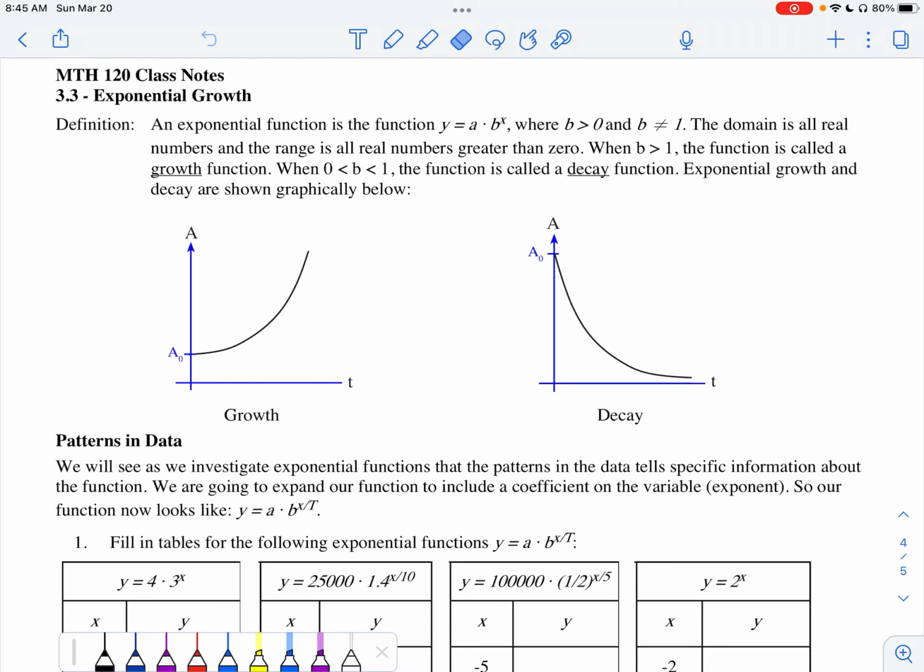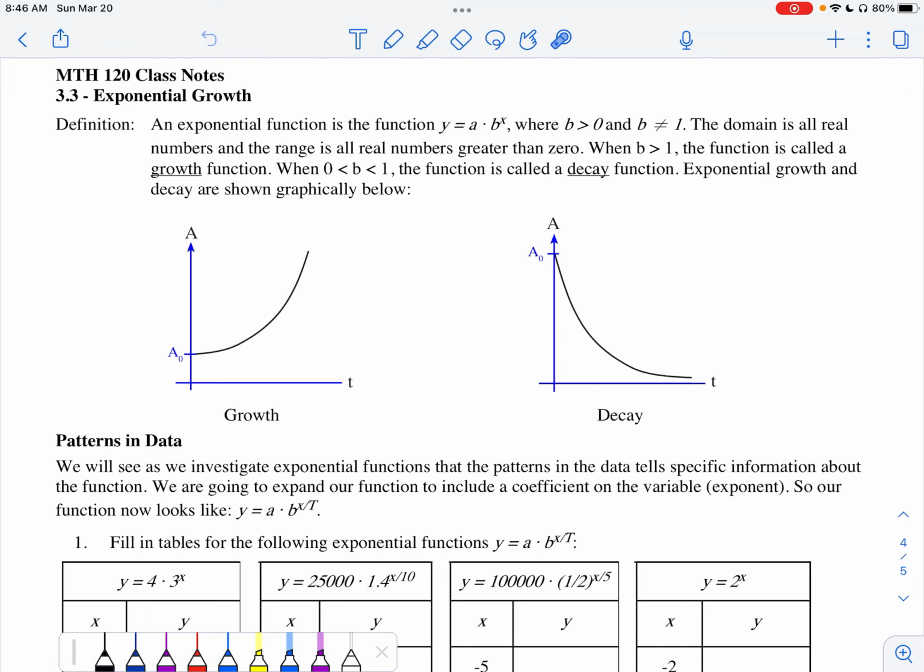So we have these two graphs here, which are representative of exponential growth and exponential decay. Our one on the left-hand side, where we see the increase in our data, is growth. And the one on the right side, where we see the decrease in our data, that's decay.